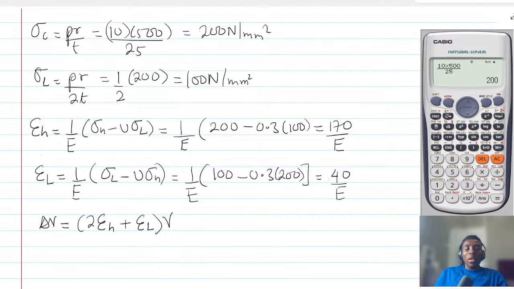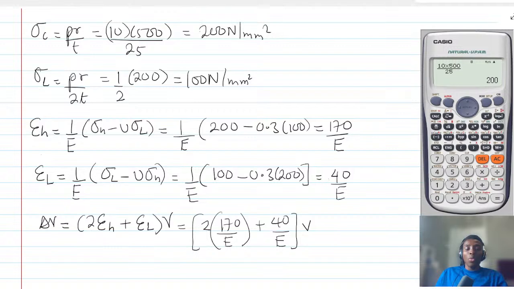We have already solved for the strains, so we just have to put everything here: 2 times 170 over E plus 40 over E, multiplied by the actual volume, which is V.